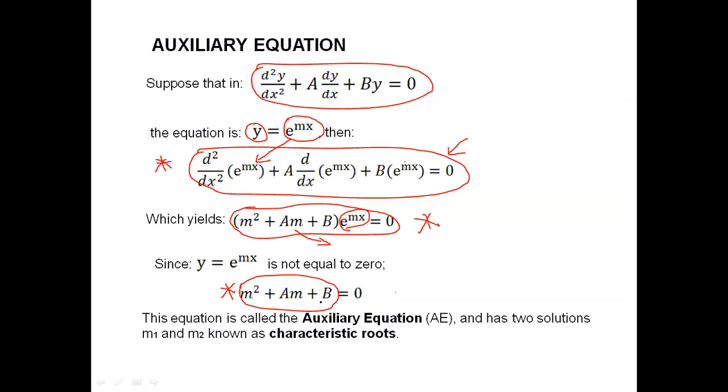So this resulting equation is known as the characteristic equation, or the auxiliary equation. It's one and the same.